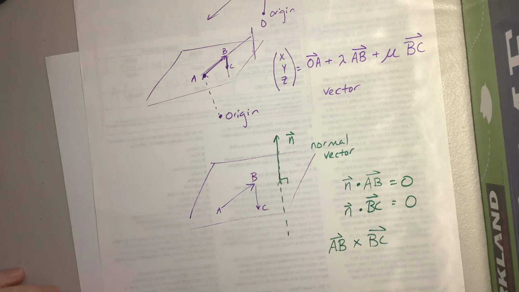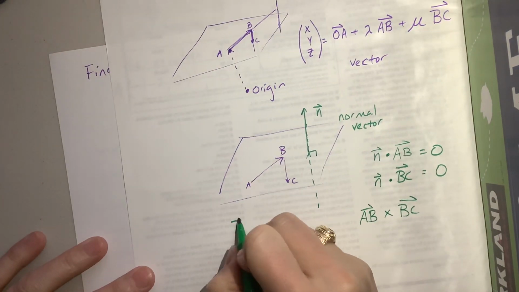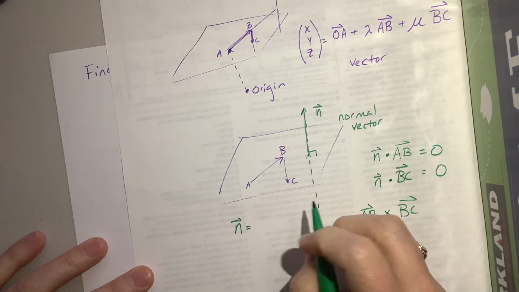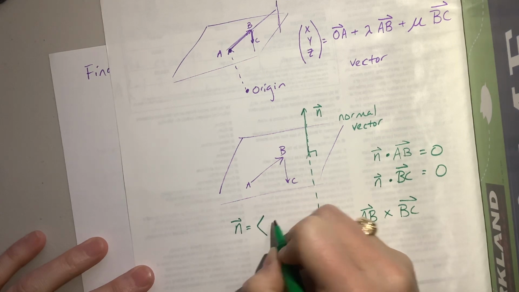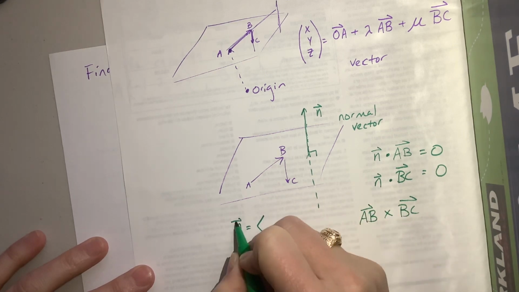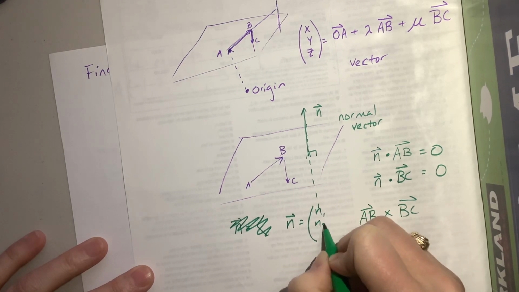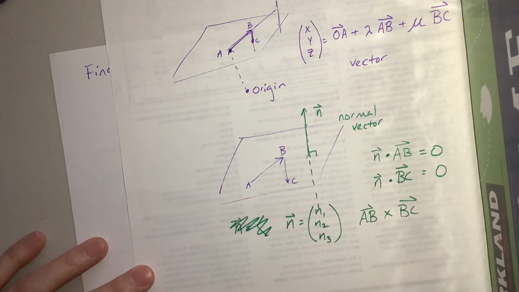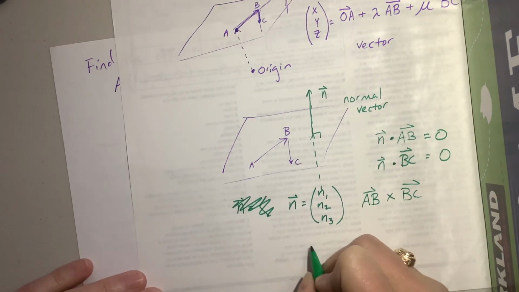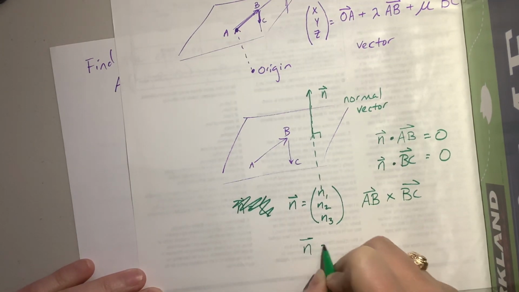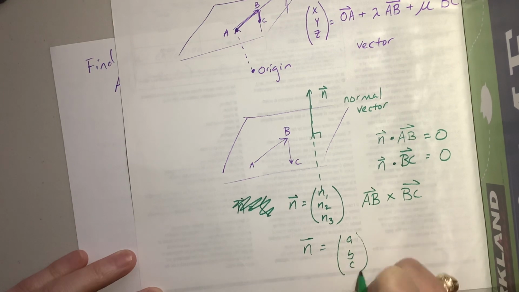Let's say that the normal vector is the vector a, b, c.